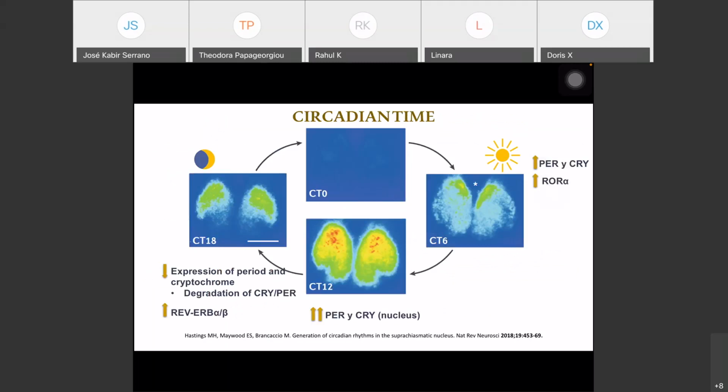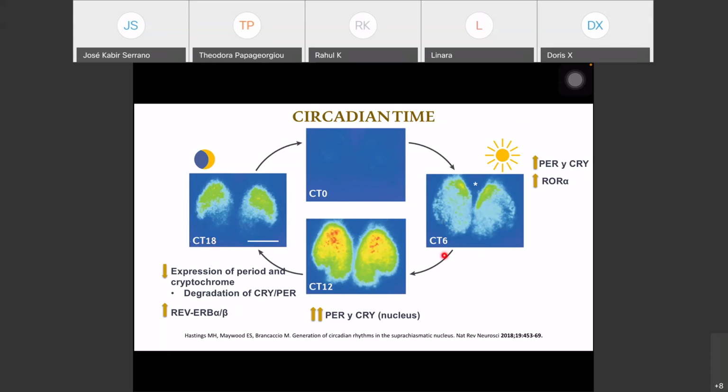Finally, we're gonna talk about this concept that is circadian time. Forget about these numbers because we don't have 12 to 12 dark light cycles or shifts.